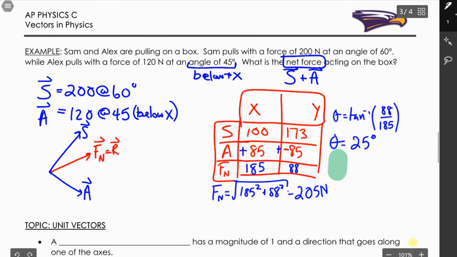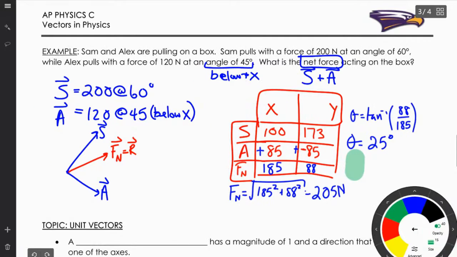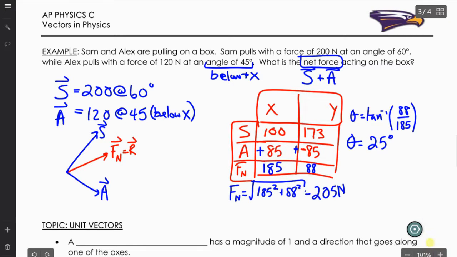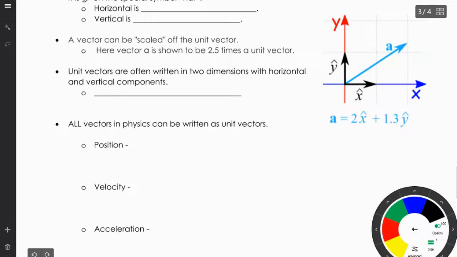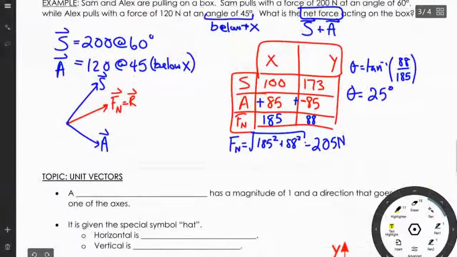I feel like I've gone all of a sudden to highlighter. Oh, I clicked pen too, that's why. All right, so all of a sudden I'm just flipping around over here.